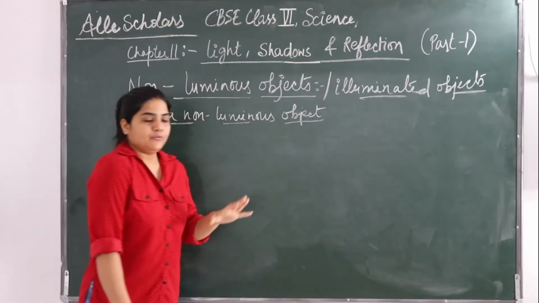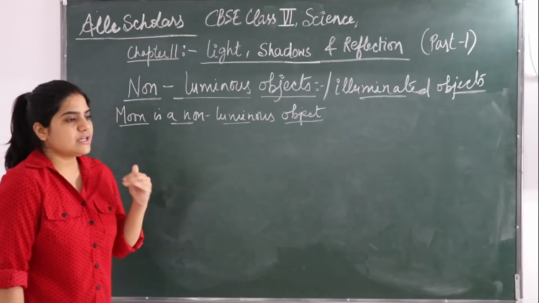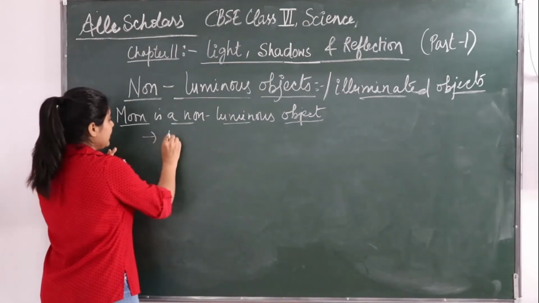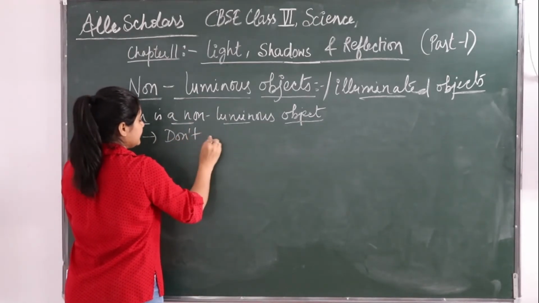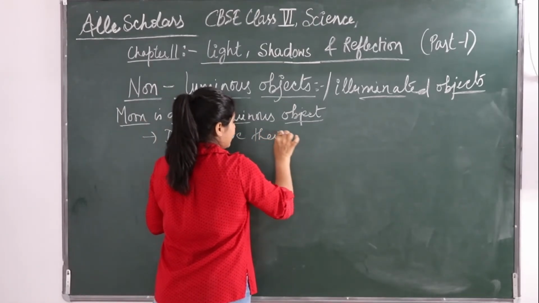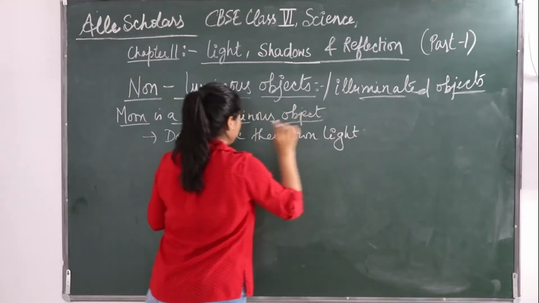We have seen that non-luminous objects are objects which do not have their own light. So the first point is, it does not have its own light. Okay?